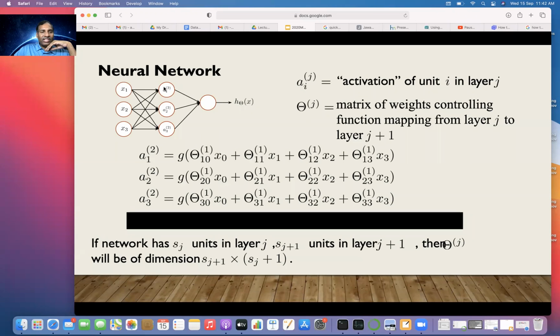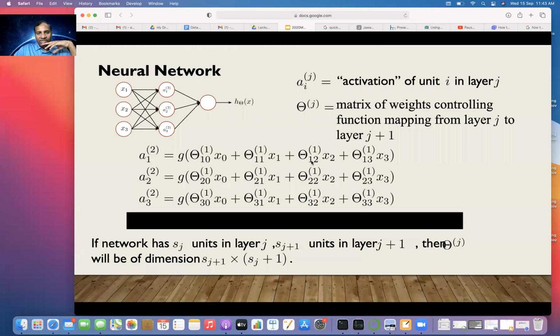So you need to attach weights now for this A1: weight of x1, weight of x2, weight of x3. So weight of x1 is theta 11. Theta 1 means these weights are coming from the first layer to the second layer. To the x1 means to unit 1.